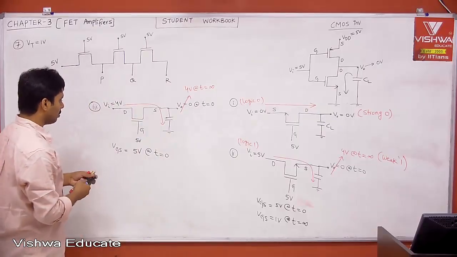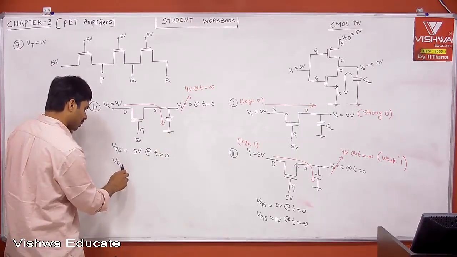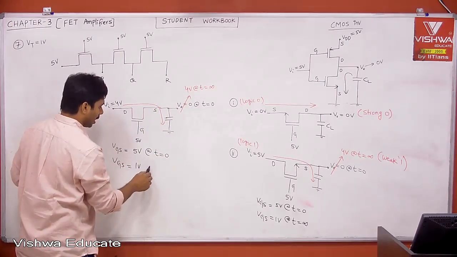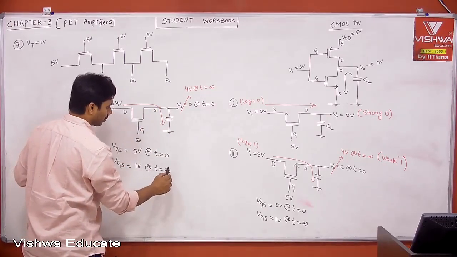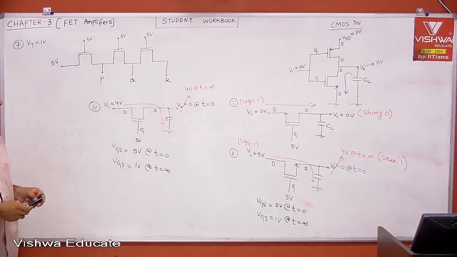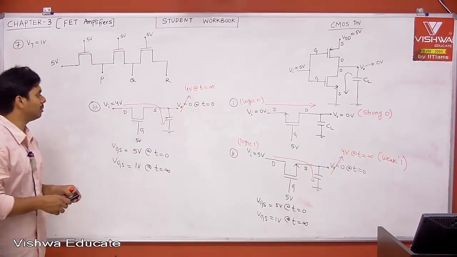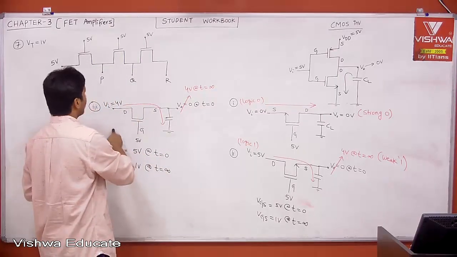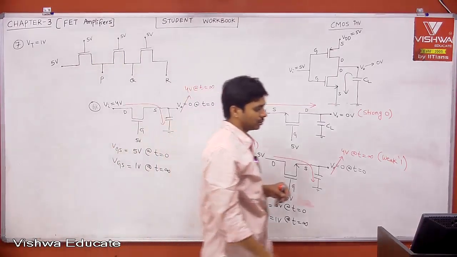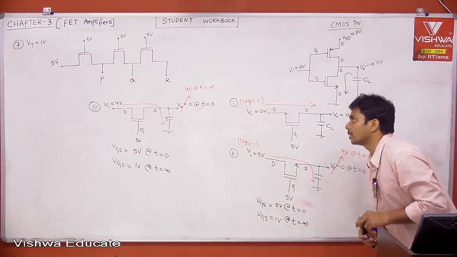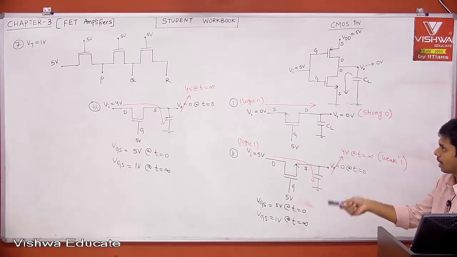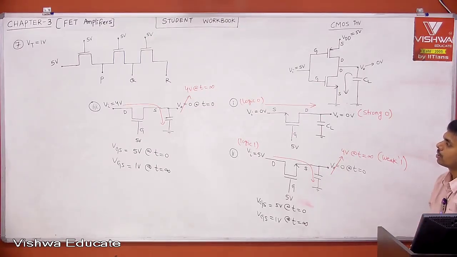VGS is 5 minus 4, 1 volt, at time t equal to infinity. Therefore 4 volt will be passed as it is. If you combine case 2 and case 3, you'll get the answer. That is what you need. First you take case 1, case 2, case 3. If you combine case 2 and case 3, you can solve the problem very easily.